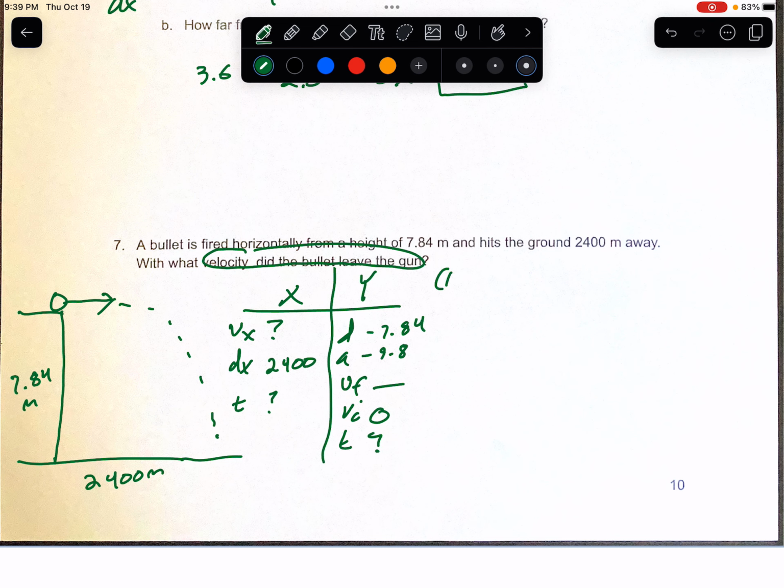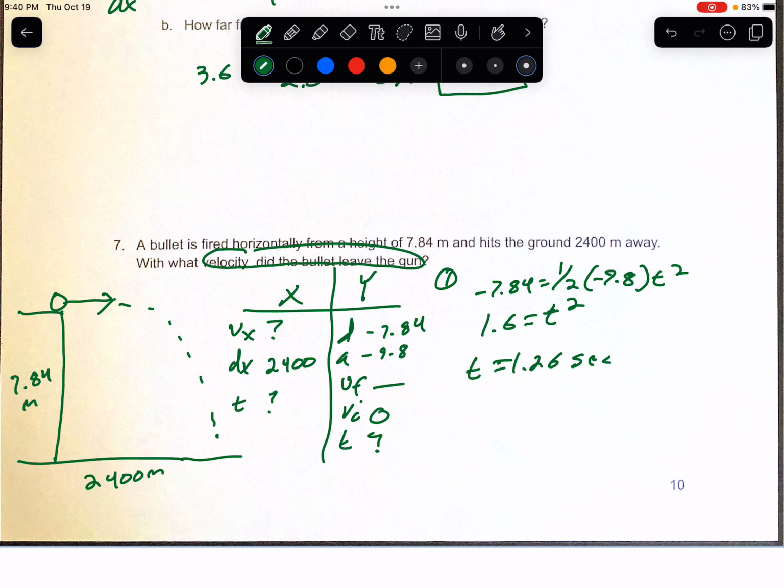So step 1, we're going to do that Daffy T. Use equation 3. So negative 7.84 equals 1/2 a, which is negative 9.8, t squared. Divide both sides by negative 4.9. You get 1.6 equals t squared. Square root both sides, you get a time of 1.26 seconds.